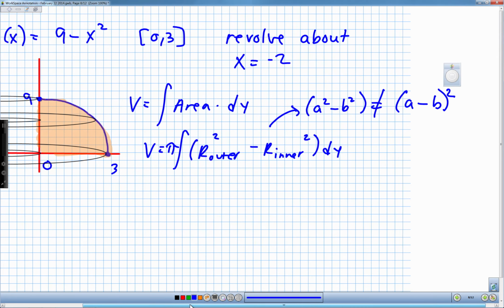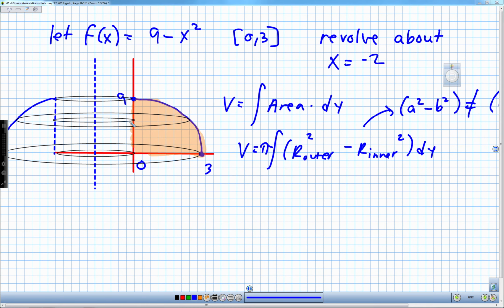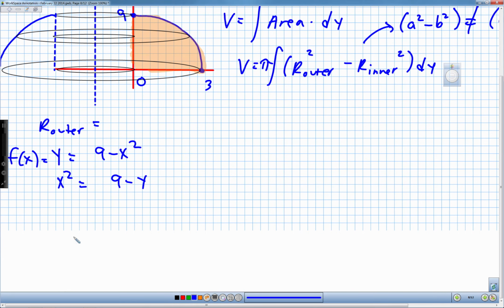So in this particular case, we need to figure out how to describe this algebraically. My r outer in this case, well, what is that going to be? We've got y equals 9 minus x squared. With your permission, I'd like to make this x squared equals 9 minus y, where I replaced f of x with y.